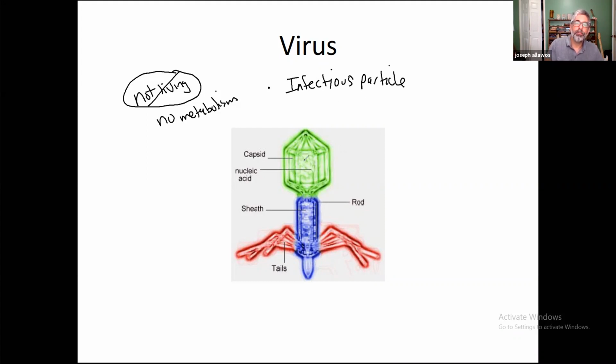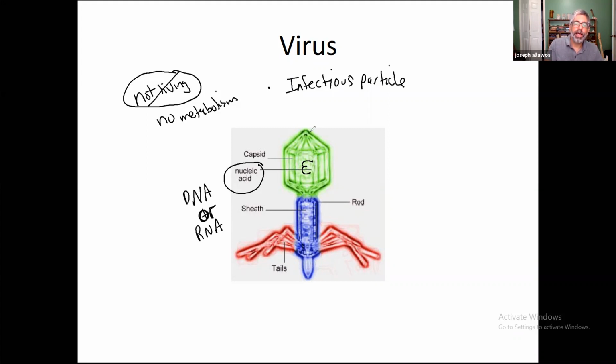What do they consist of? Well, notice it says nucleic acid. It doesn't say DNA or RNA because it can be either one. There are DNA viruses and there are RNA viruses. For example, COVID-19 is an RNA virus, as is HIV, the virus which causes AIDS. So there's a little fragment of genetic material, and we're just going to call it nucleic acid. It's one or the other, DNA or RNA.